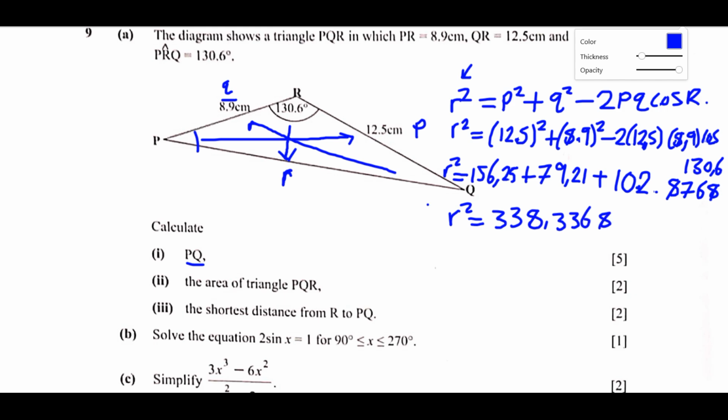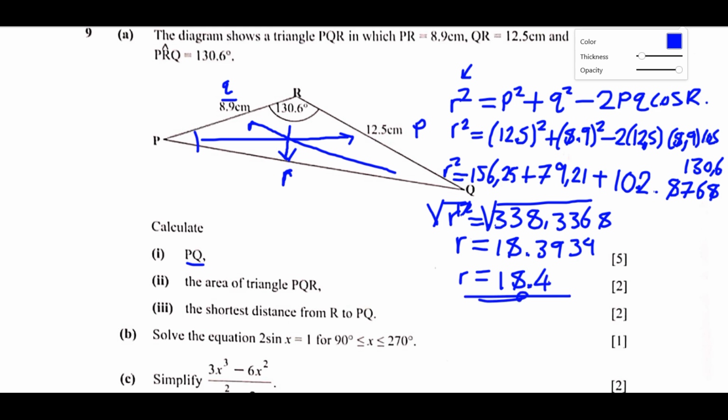Then here we need to take the square root of both sides. So what is the square root of this number? I'm getting 18.3939, which is r is equal to 18.4 as our final answer. So that is the distance for r.